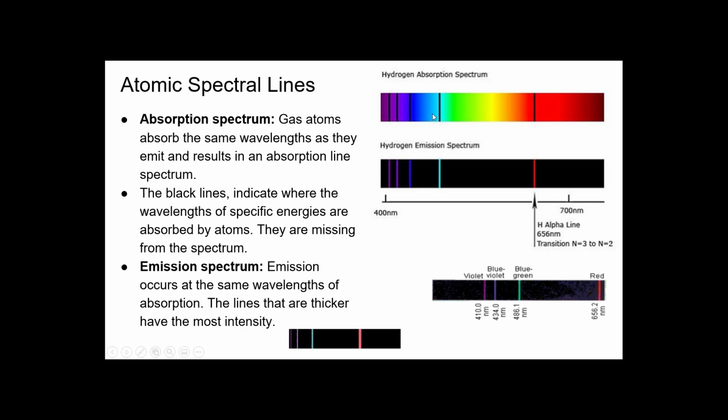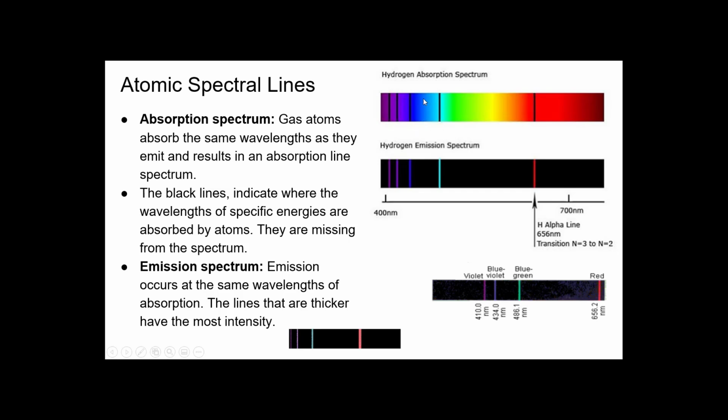So what this means is that gas atoms absorb the same wavelengths as they emit. So they're missing from the spectrum because they're being absorbed. That's why you don't see them and you only see the black background. But in here, they come out because now they're being emitted. That energy must come out, and that's why you see them now in an emission spectrum.